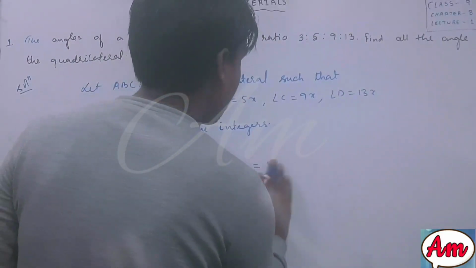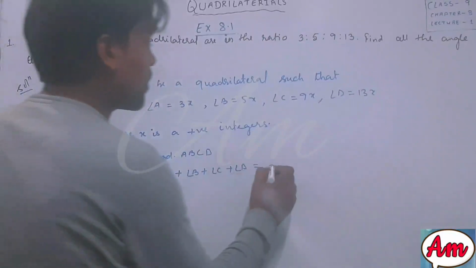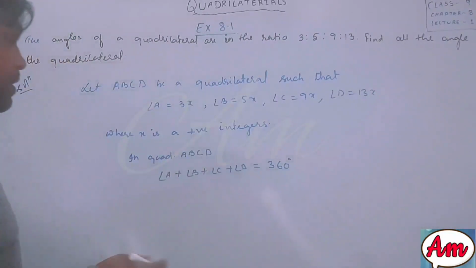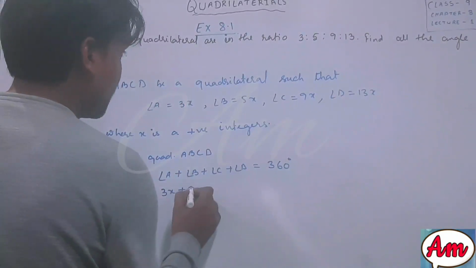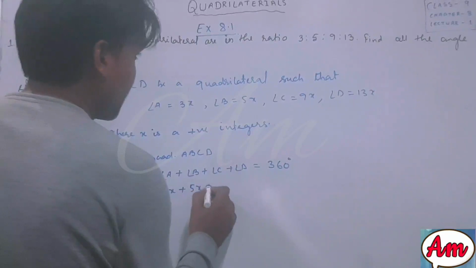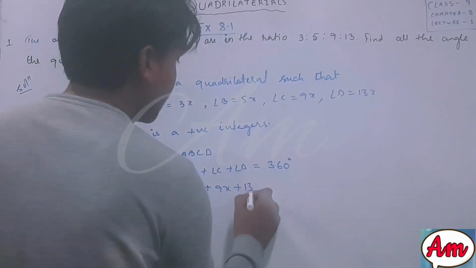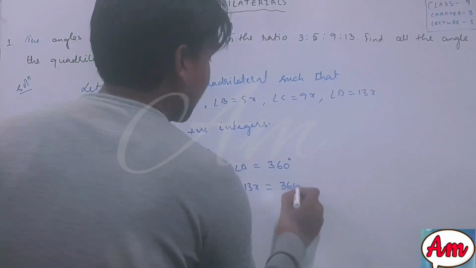Sum of all the four angles of a quadrilateral is equal to how much? 360 degree. So we have written 360 degree. Angle A's value we have 3x, angle B's value 5x, angle C's value 9x, and angle D's value 13x. So it will be equal to 360.